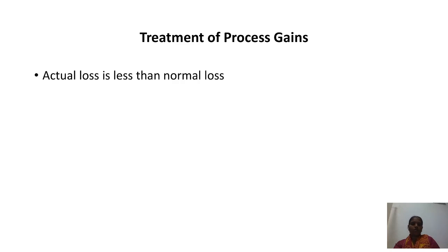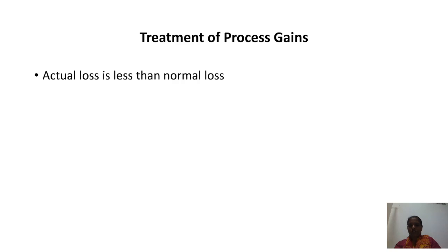Then in this case we shall see how the accounting treatment of abnormal gain is done. The units of abnormal gain and the value are both debited to the process account concerned in the respective columns. A separate account is opened in the cost ledger for abnormal gain.